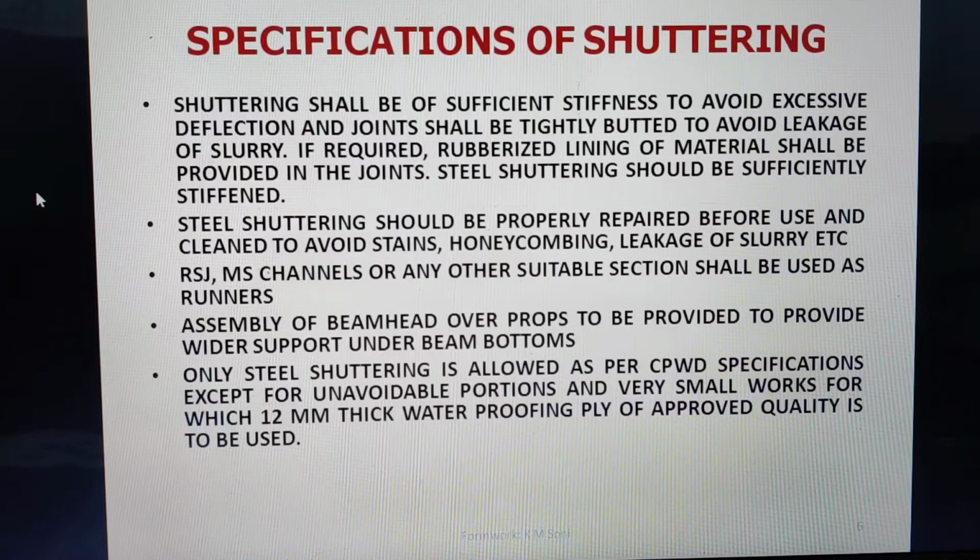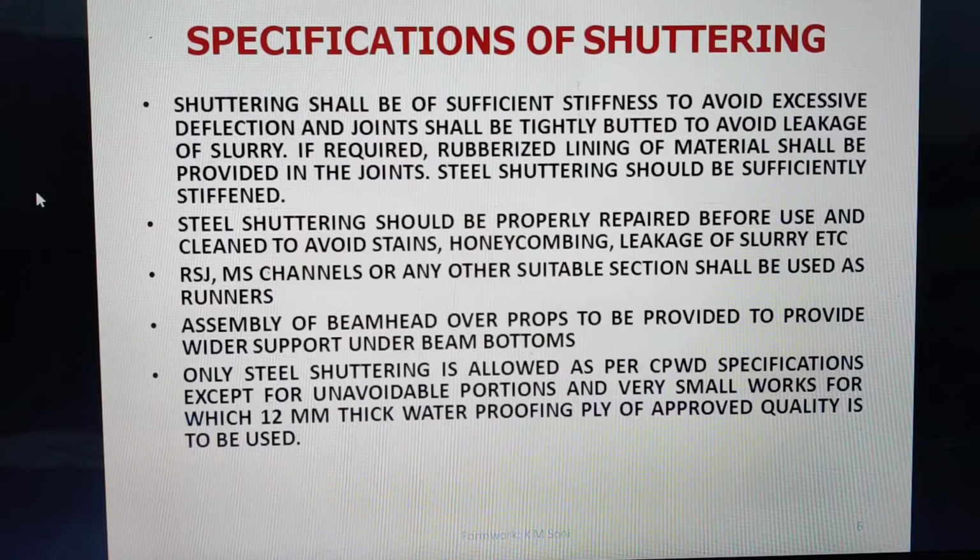Therefore, it is important that it should have sufficient stiffness. It should not have basically leakage of slurry, and if required, different arrangements are made in shuttering, like rubberized lining of material is provided.